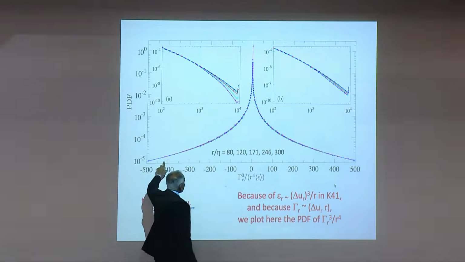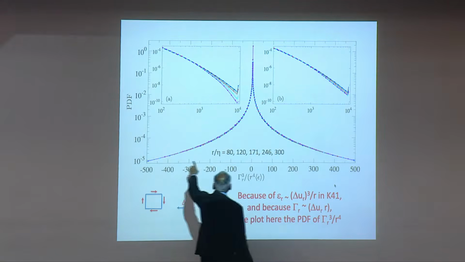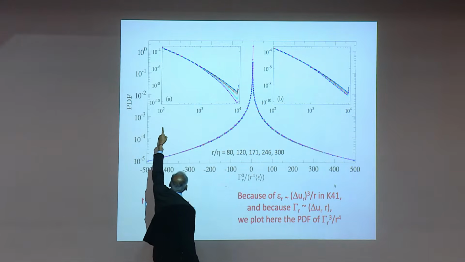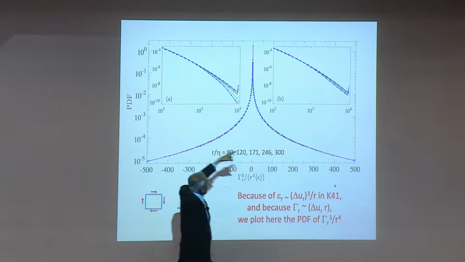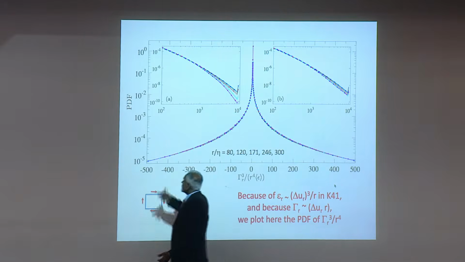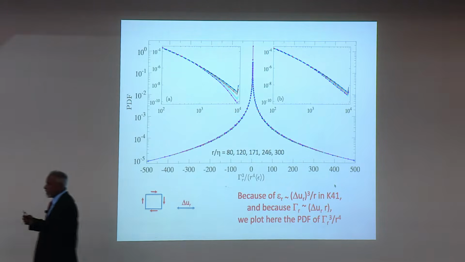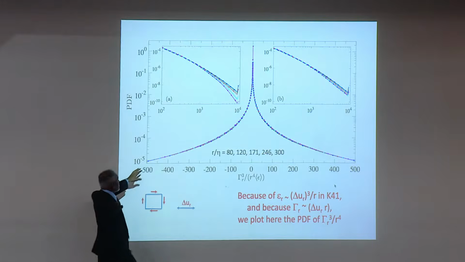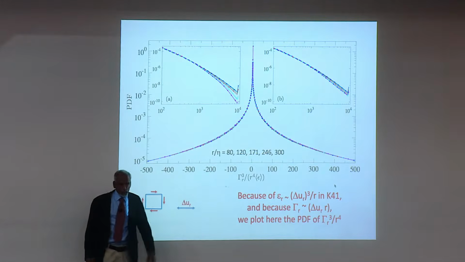In fact, if you go, let's say here, very tail end, even further, up to probability density like 10 to the power minus 10, or here also about the same, the tails begin to show a little difference, but that is such small probability that you wonder whether, if you had more data, it would collapse or not. But okay, never mind, we take it for what it is, but for a big majority of the probability density, it is universal on this plot.